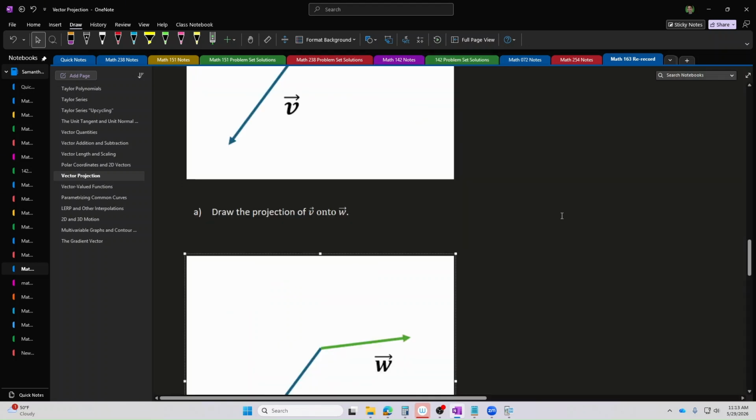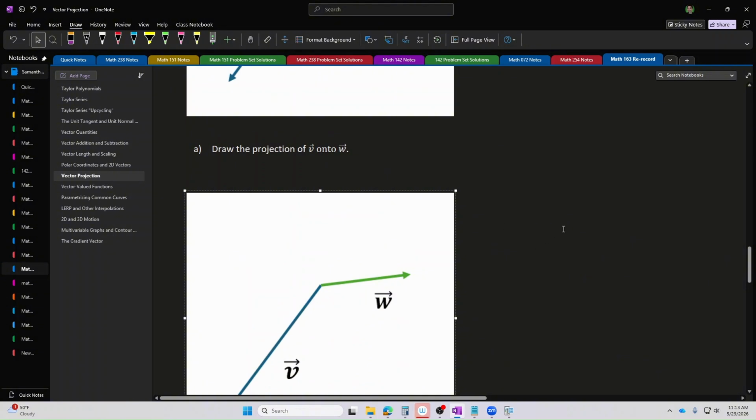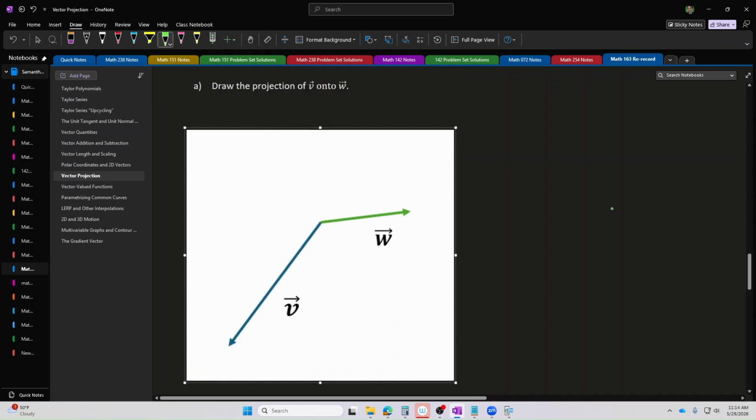If I'm projecting the vector v onto the vector w, the first thing I'm going to remind myself is that what really matters is the line containing w, the surface or line that w represents. So the very first thing that I'm going to do as I begin to draw this projection is extend the vector w onto an entire line.